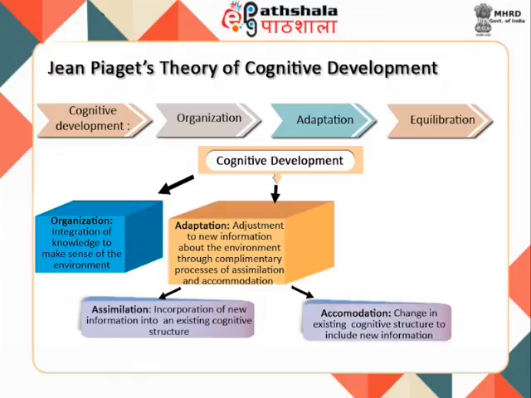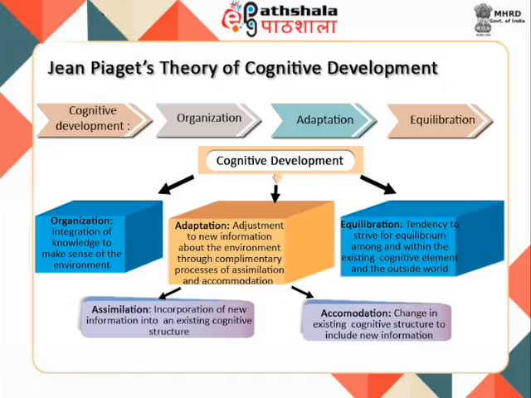Assimilation refers to the incorporation of new information into an existing cognitive structure. Accommodation refers to the change in existing cognitive structure to include new information. 3. Equilibration refers to the tendency to strive for equilibrium among and within the existing cognitive element and the outside world.